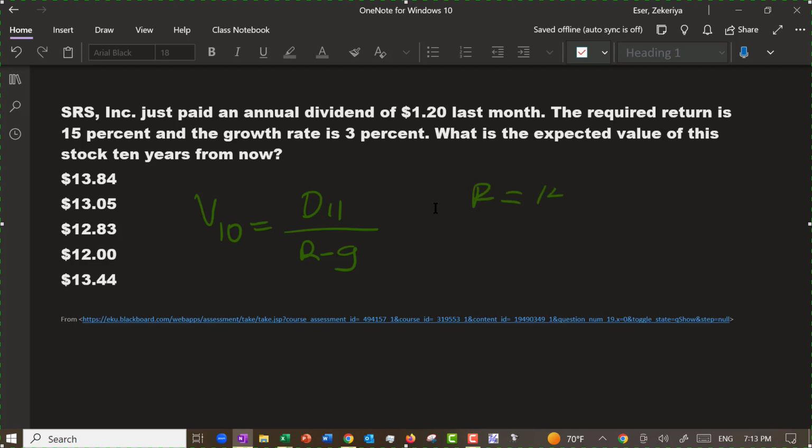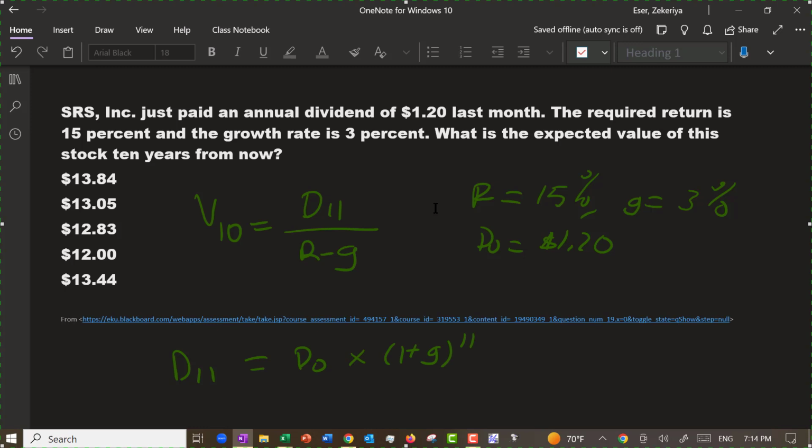All we need to know is the D11. Well, what else do we know? Because they just paid that one. That's the dividend now. So D11 is D0 times 1 plus G to the power 11. That's all.